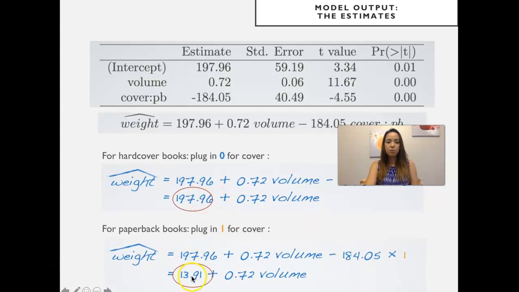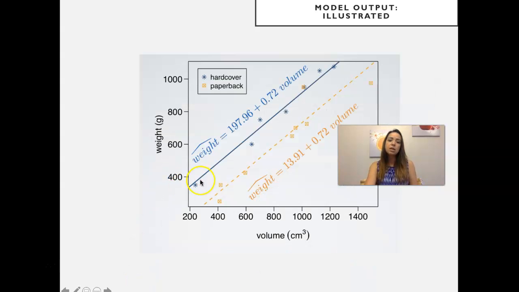So the model is telling us that we'll have different intercepts and similar slopes for these lines. Here is an illustration of that: a line for hardcover and a line for paperback.